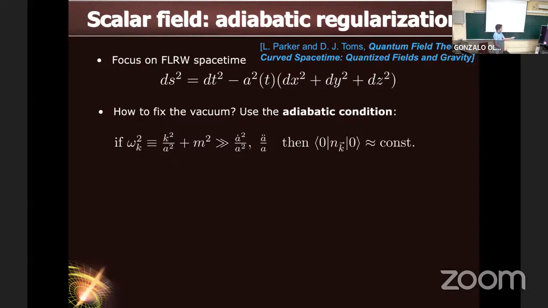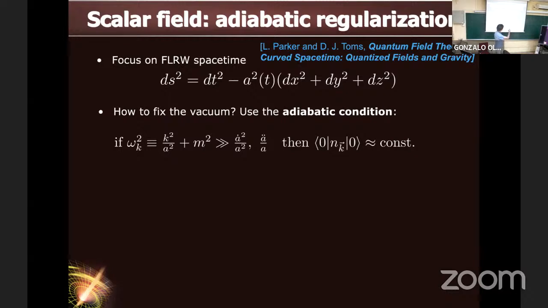The condition that the adiabatic method uses is called the adiabatic condition, and what basically it means is that you take the energy of a particle of a given momentum k, and if that energy is way bigger than the energy scale of the spacetime, then this particle mode is not produced.